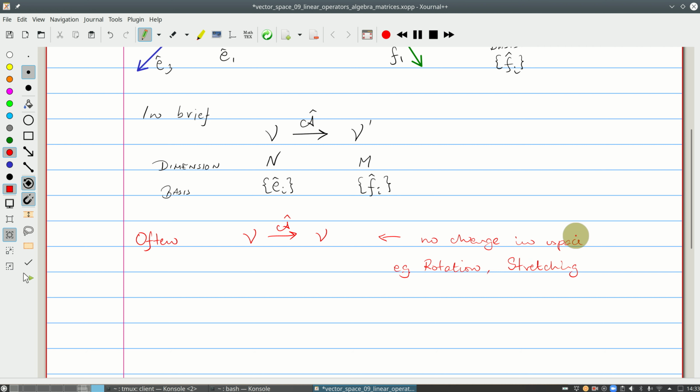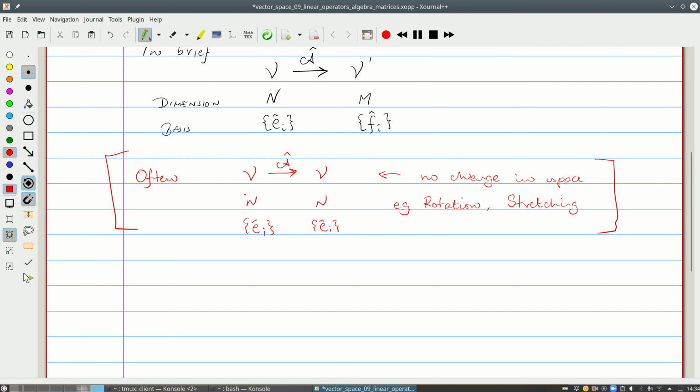Operators like these could keep the space the same. You've stretched the space, but it's the same dimension. The axes stay the same in these two cases, so we still have a dimension n, and the basis vectors would be the same. We'll come across these examples as a special case of the more general type later.